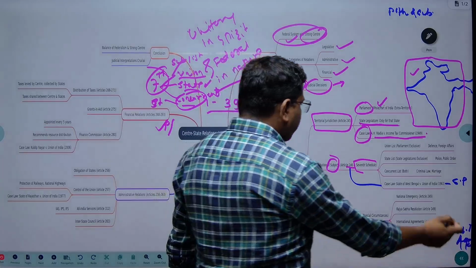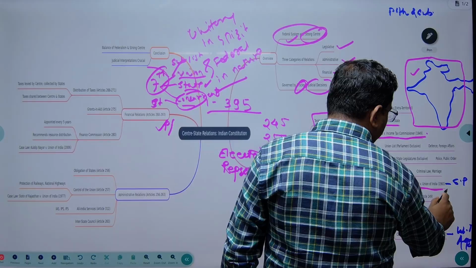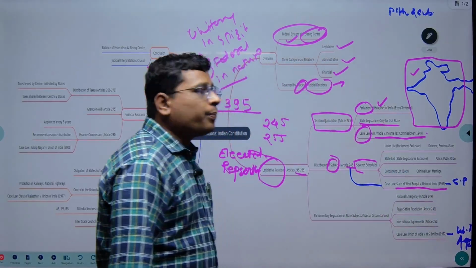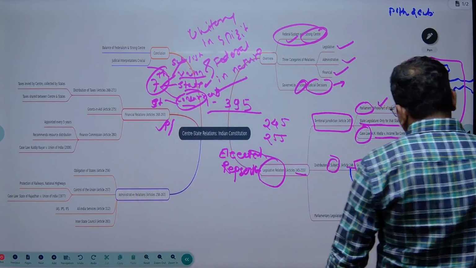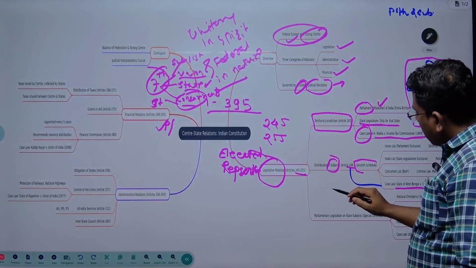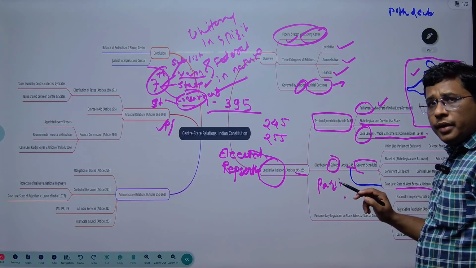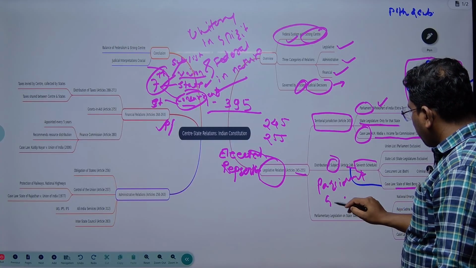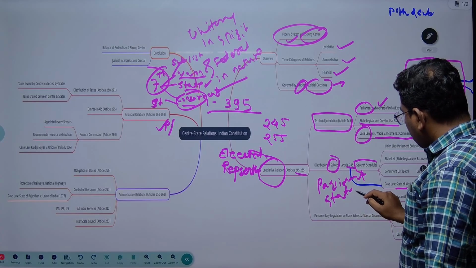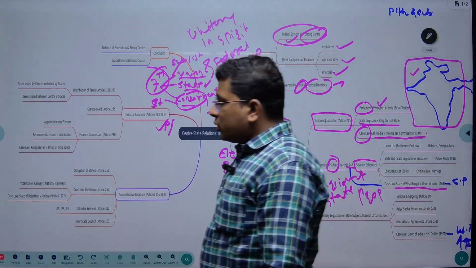Right. So here is a case law, State of West Bengal versus Union of India. In this case, the court held that parliament has the right on the state's property.